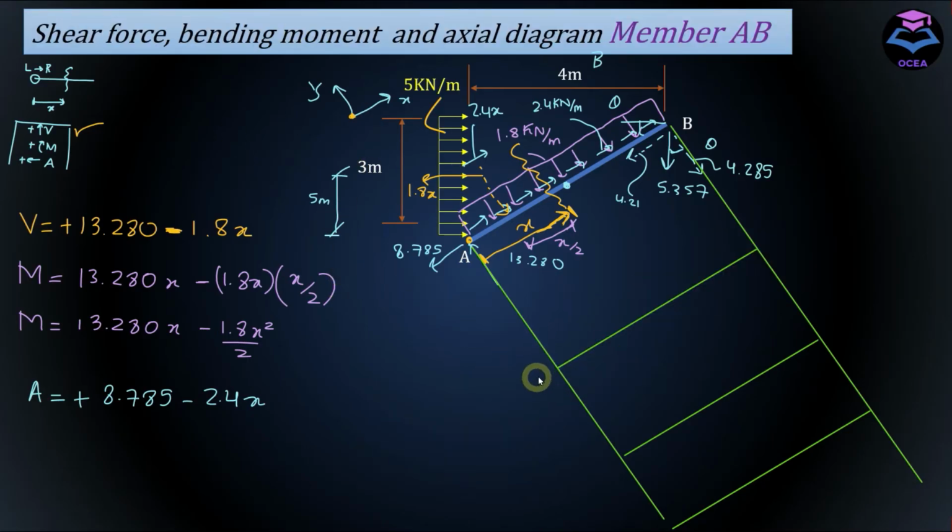This is the 0, 0 line, and we have x here, and along the y-axis we have shear force ordinate. Previously we calculated the length of this inclined member, and it was coming out to be equal to 5 meter.